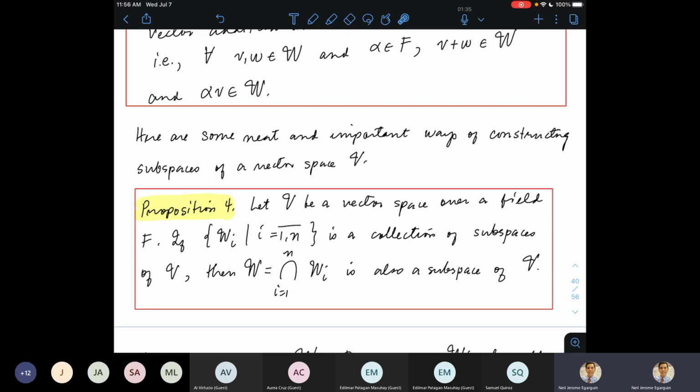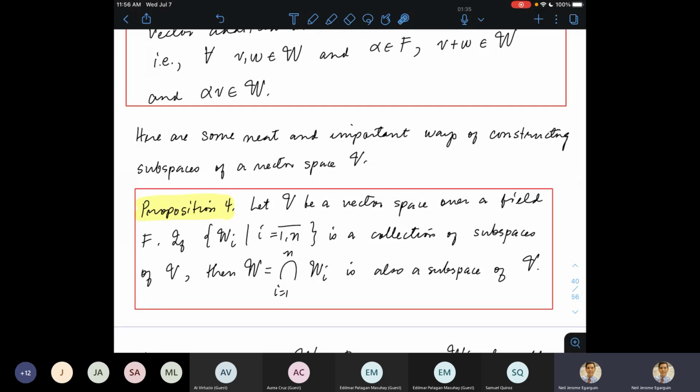So if you will get a collection of subspaces and put that into a set, any finite number of subspaces, and then you get the intersection of those subspaces, then that intersection will also be a subspace of the parent set V. All right.